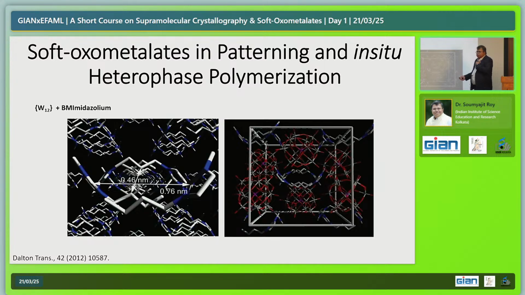Now, by the way, this is a crystal structure. This is exactly from the crystals, and this is from the diffractometer. So we get the crystal structure, and then we were able to see these types of pockets. These hydrophobic pockets were responsible for holding the nascent oligomers which were being created, right?